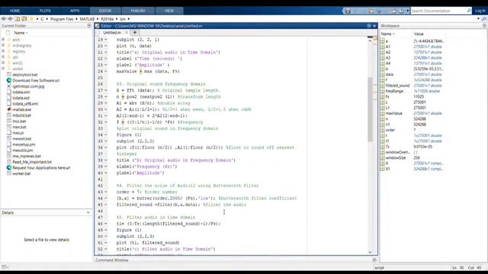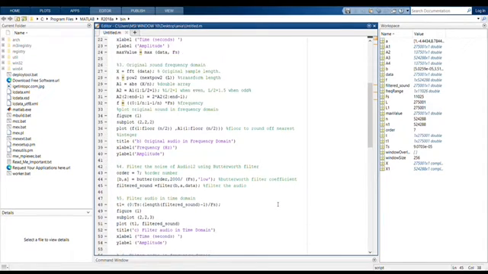Then we use the Butterworth filter, of 7th order, and this is the Butterworth filter coefficient that we use: 2000 per fs, and a low pass filter.